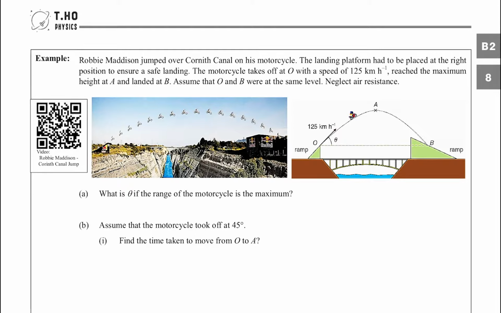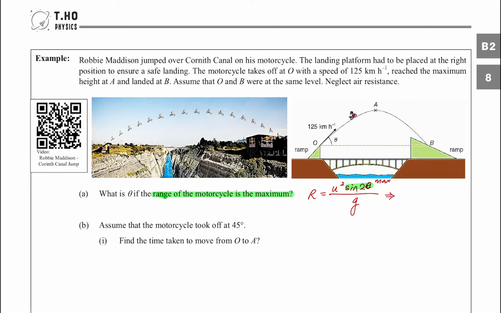So part A, what is theta if the range of the motorcycle is at a maximum? We can find the range of the projectile in the special case given by the formula R equals U squared sine 2 theta over g. To let R be maximum, the value of sine 2 theta has to be maximum.